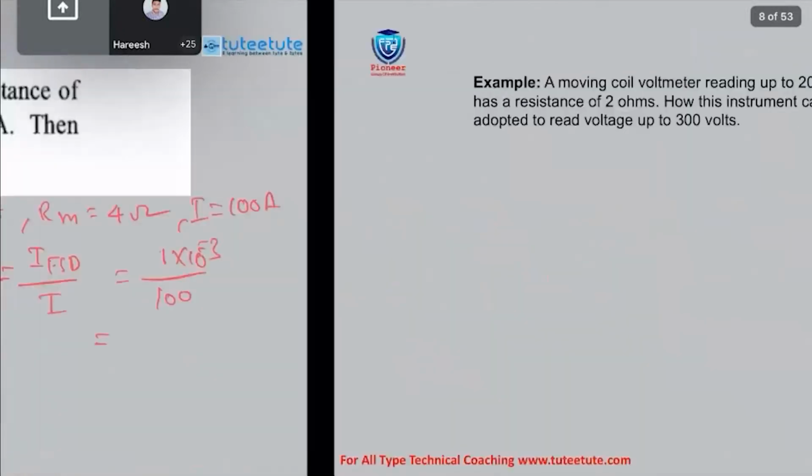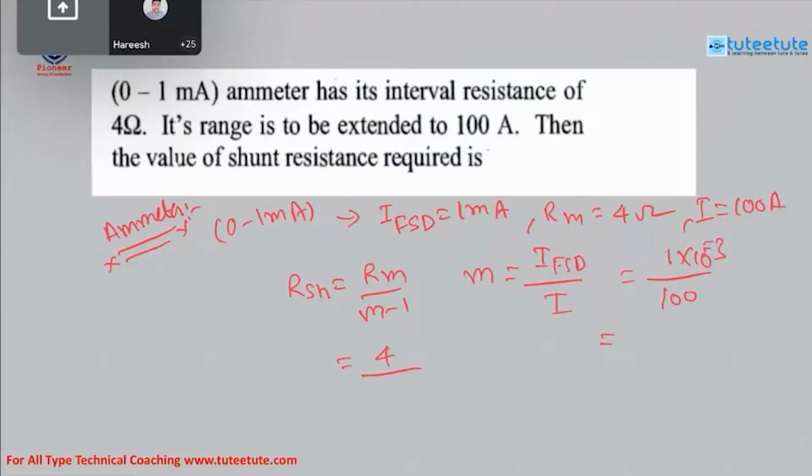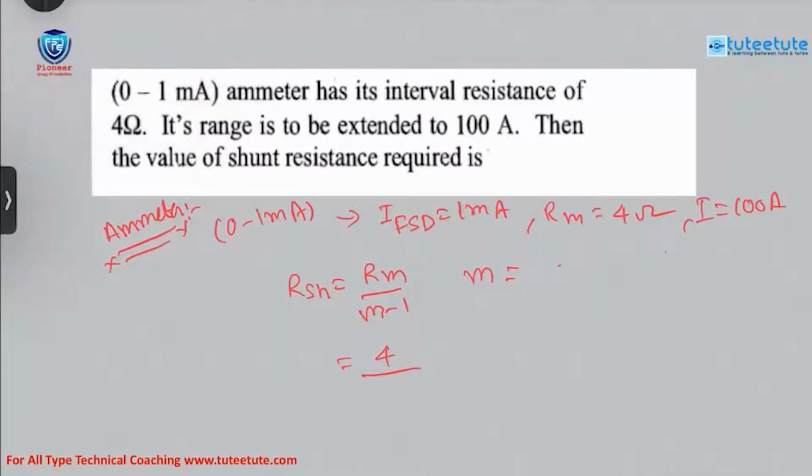Sorry, the formula is like this: m is I by Im. I is 100, Im is 10 power minus 3.